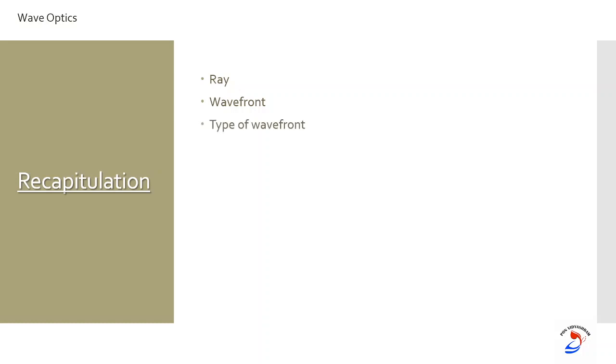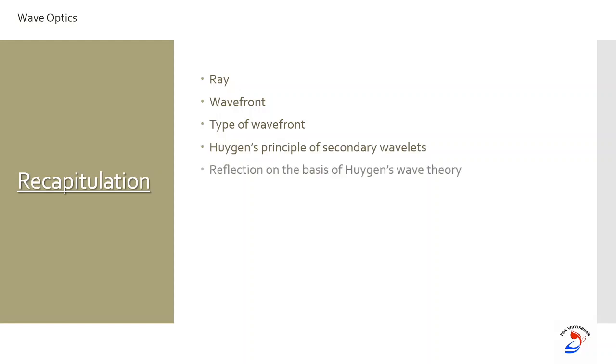We have studied all the types of wavefront, that is the cylindrical, the spherical, and the plane wavefront. We have studied the Huygens principle of secondary wavelets. We used the current scenario, the pandemic, corona, and I explained how the Huygens principle works, and we have understood what are secondary wavelets.